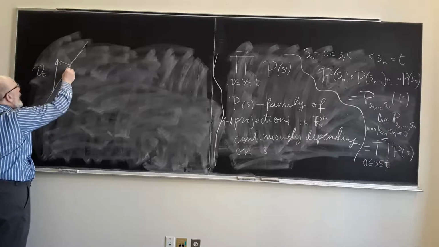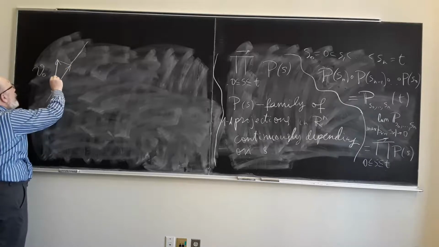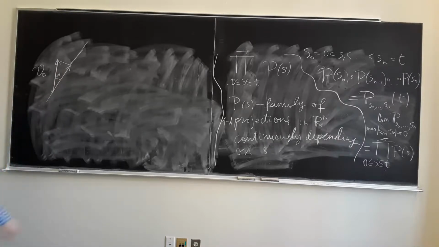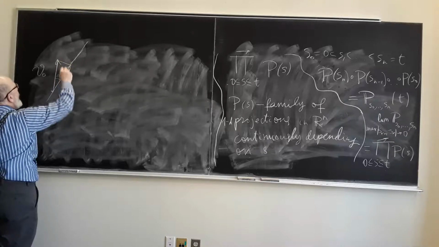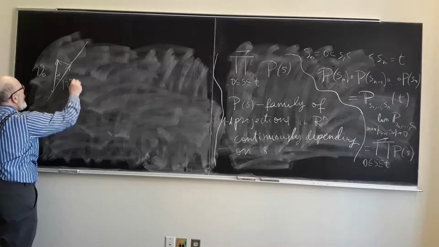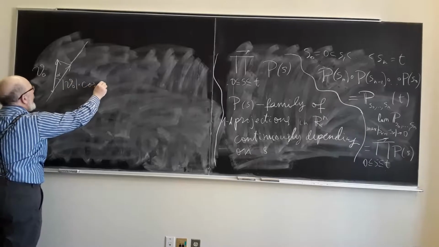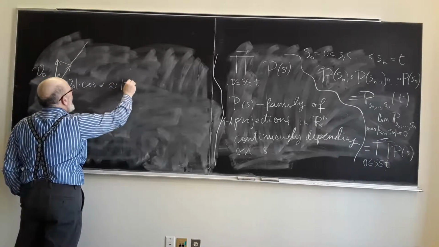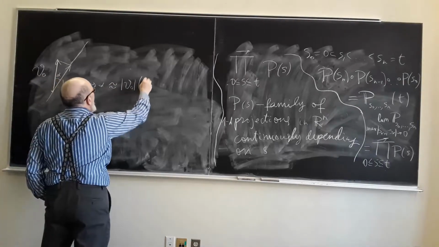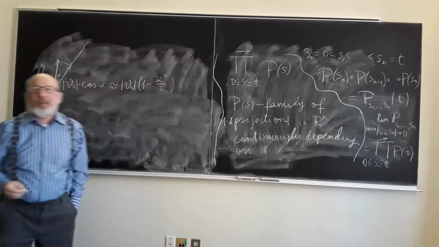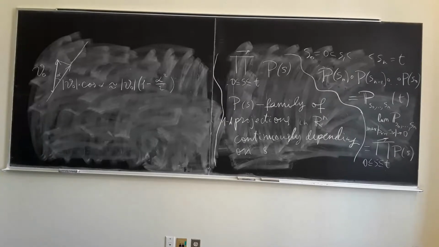What is the length of this projection? This is the angle alpha, and so the length is modulus V0 times cosine alpha, which is approximately modulus V0 times 1 minus alpha squared over 2, if alpha is small.